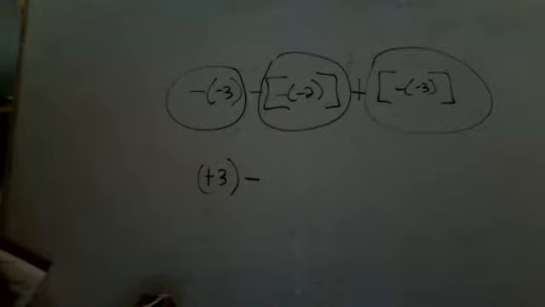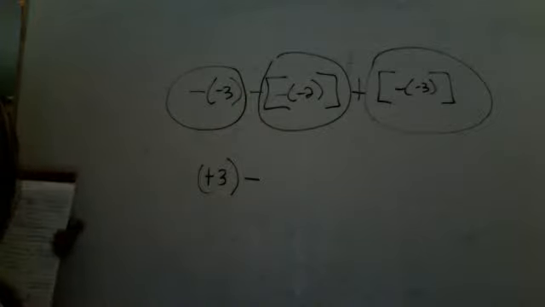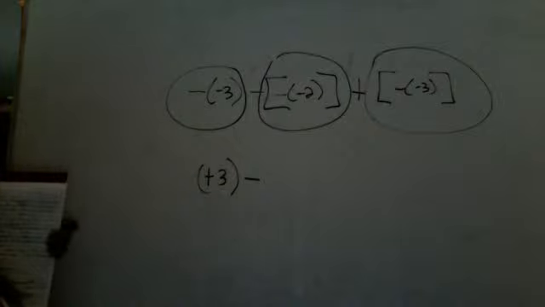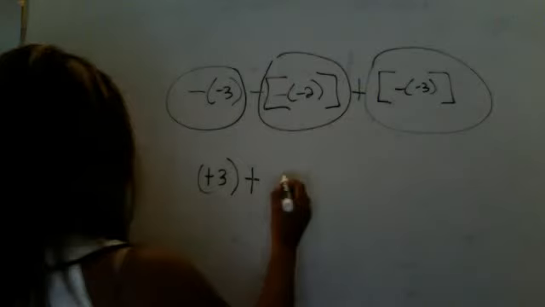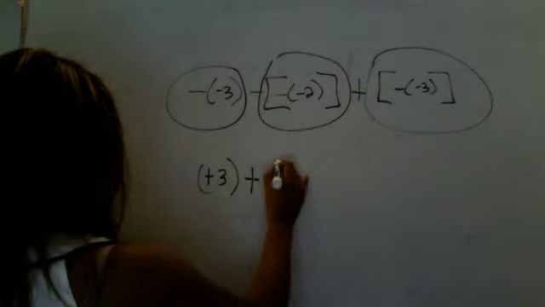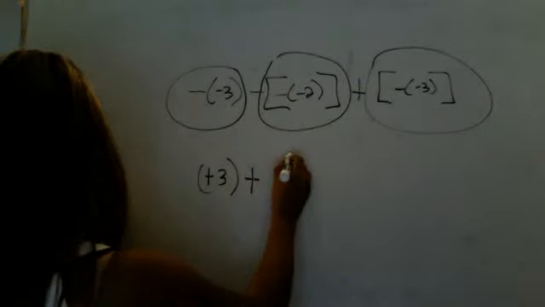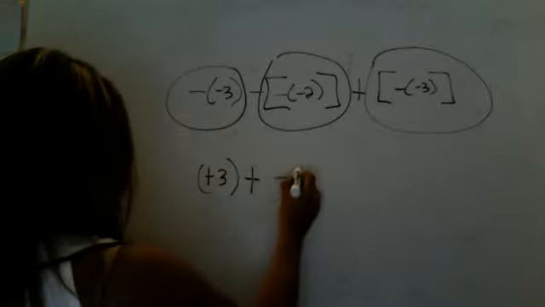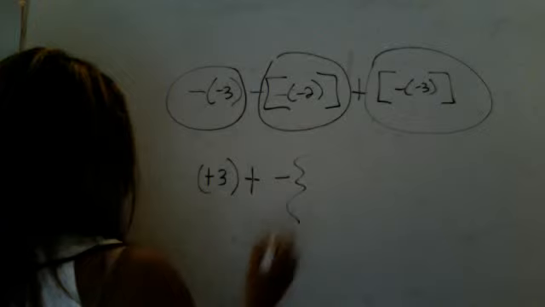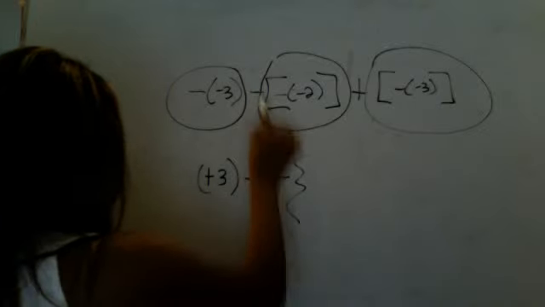Then you've got this minus here. You can't forget that minus. Well, we're going to change it to a positive. Therefore, we're going to add another negative in the braces. I've got to put that in.